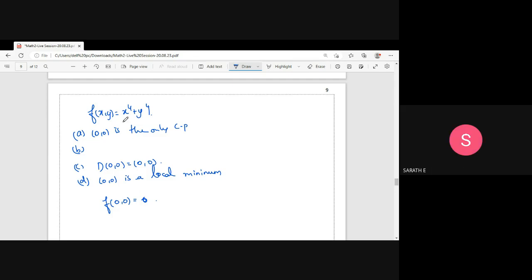Now, I guess I understand how they have given the answer. Here, this function, you are using the definition. We are not using the Hessian test for this point, but you are using the definition. Do you remember what is the definition?